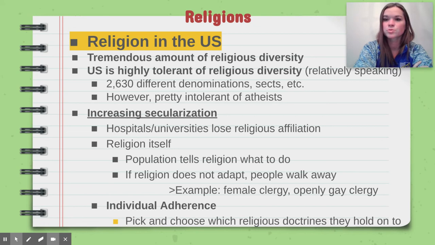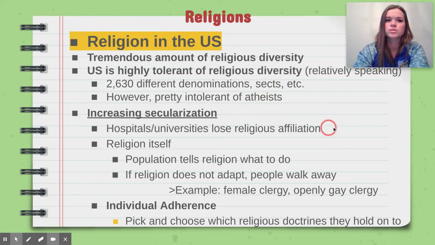The population kind of tells religion what to do, like the mainstream media. So if religion doesn't adapt to some of the social changes, social uprising, people tend to walk away. An example of that is female clergy and openly gay clergy. I'll pick on the Catholic Church because I am Catholic, and in the early 2000s, they were facing a lot of heat for their opposition to gay marriage.